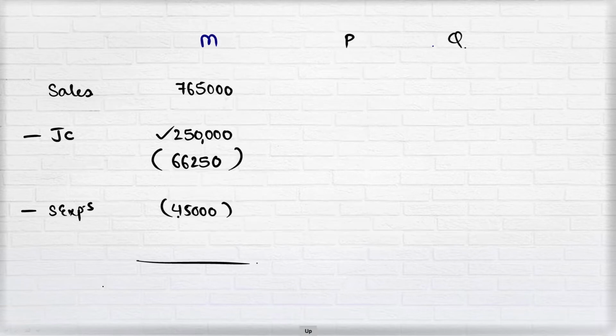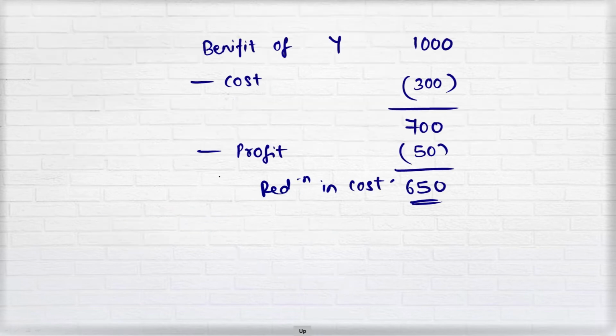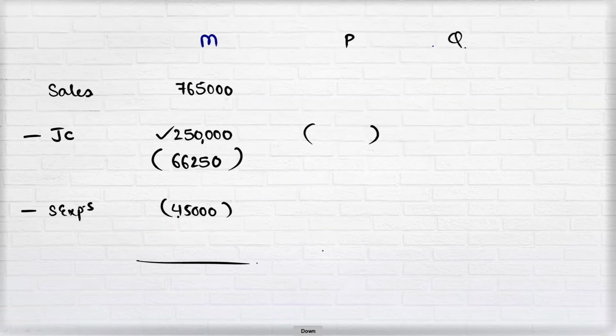Now try to concentrate over here. This is also termed as joint cost allocation. How much cost is reduced from M? 66,250. How much is borne by P out of the 66,250? It is 55,000. And Q is apportioning how much? 11,250.